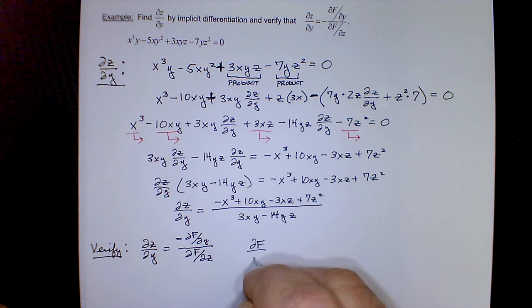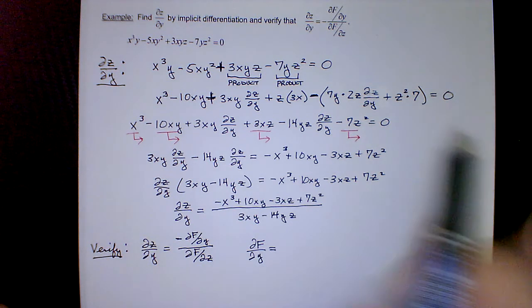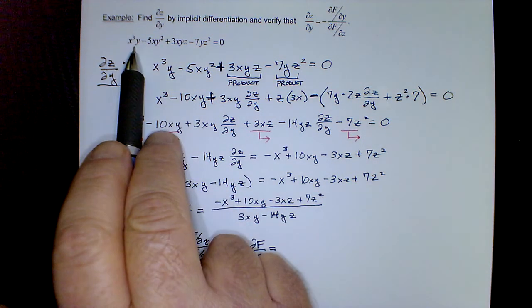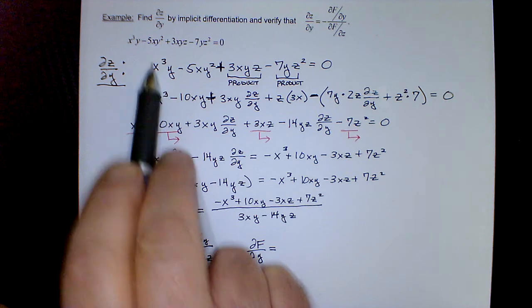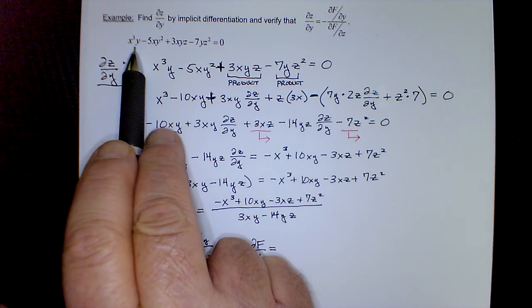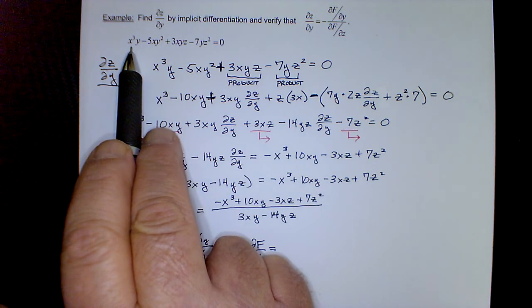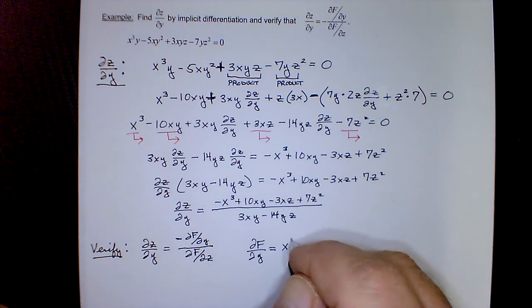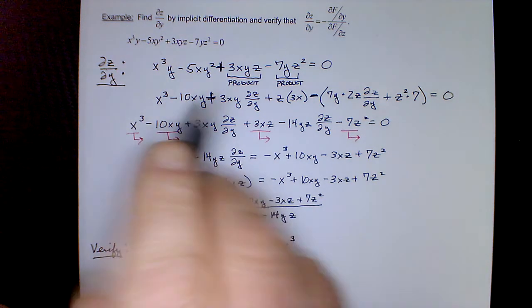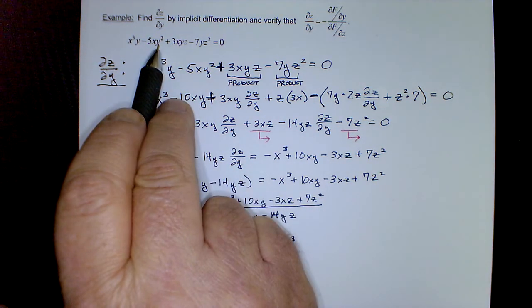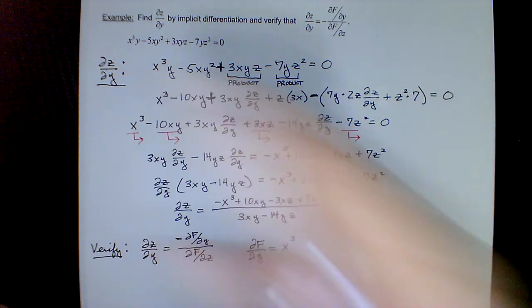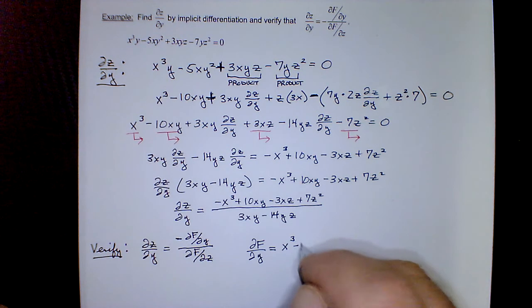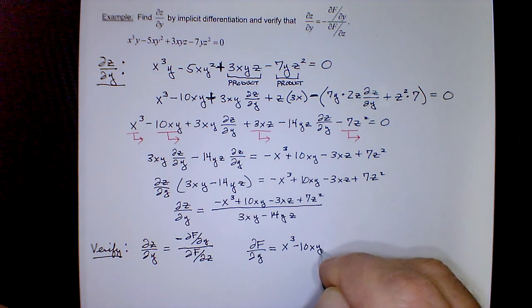Partial of f with respect to y would be, okay, so now term by term, let's look at the original. With respect to y, x cubed, x is held as a constant, or the y is 1, so that's just x cubed. Go to the next term, that becomes 2y times negative 5x is negative 10xy.